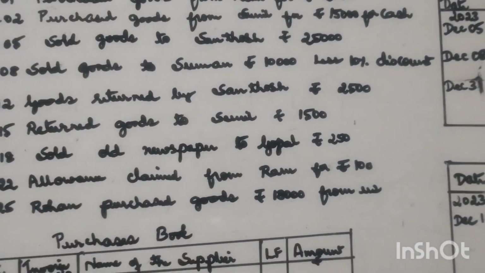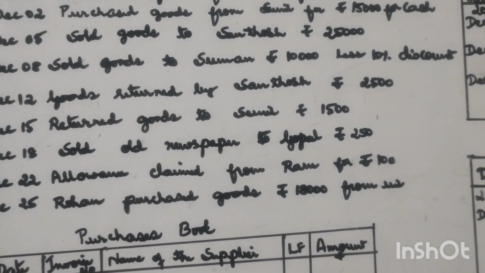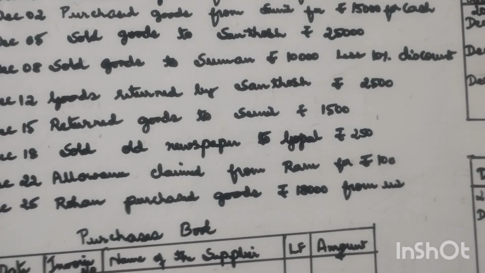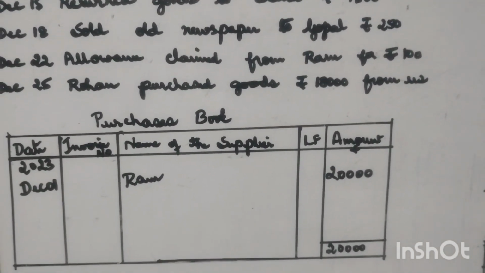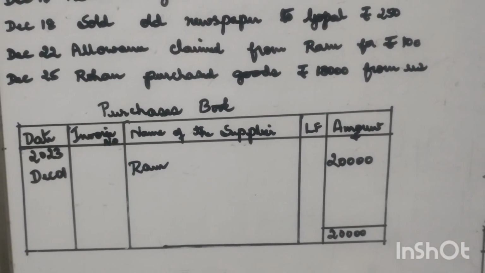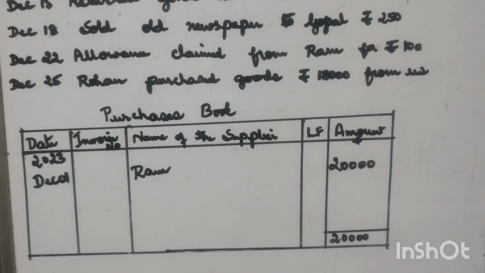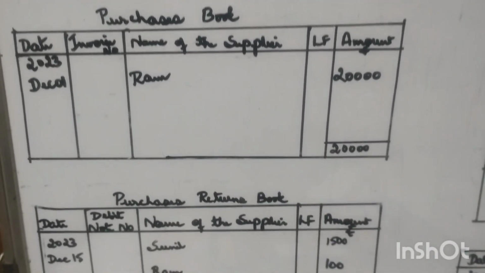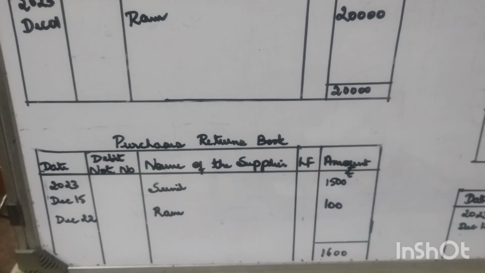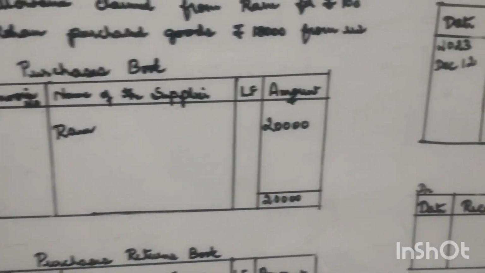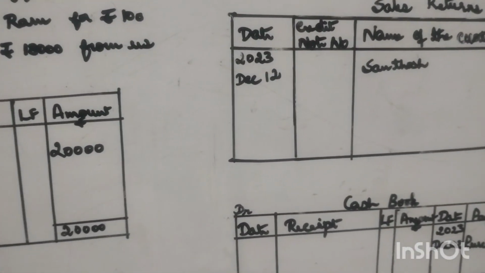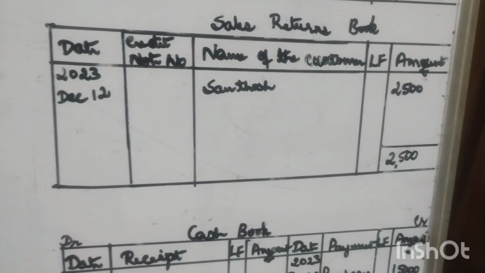So these are various transactions that must be recorded in the subsidiary books. So purchase book must be totaled. The total of purchase book will be 20,000. Next, purchase returns book, the total will be 1,600. Next, sales book must be totaled.